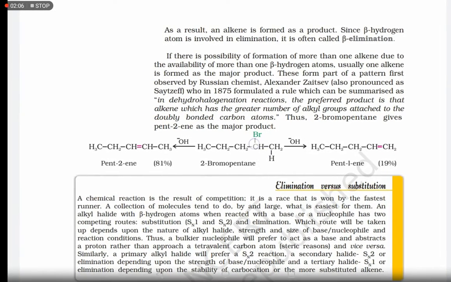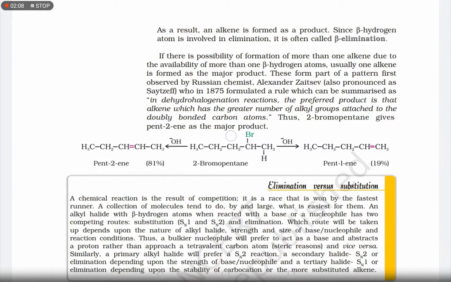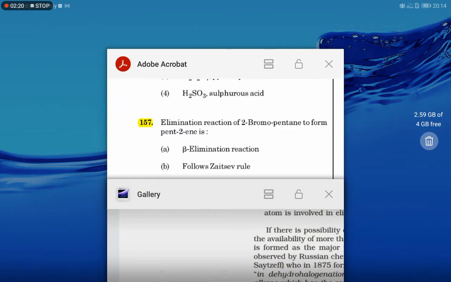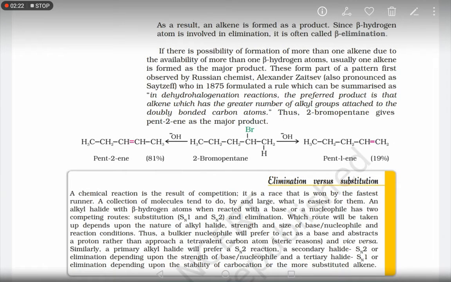The carbon atoms next to the alpha carbon atom are called beta carbon atoms. This is a beta carbon atom, and this is a beta carbon atom. Since hydrogen from beta is getting eliminated, it is called a beta elimination reaction, and it also follows Zaitsev's rule.